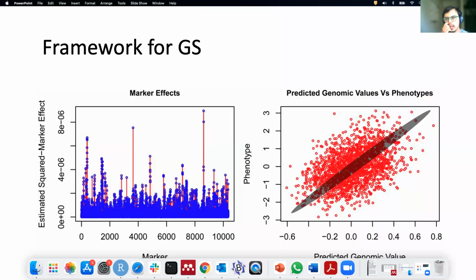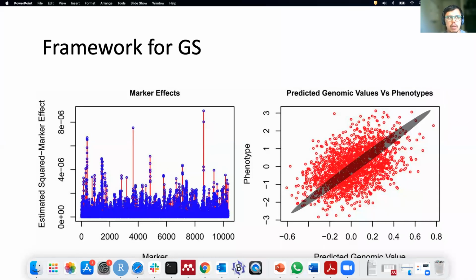So first we have the environmental effects, and the environmental effect in quantitative traits is important. For example, the heritability for yield is between 20-something percent and 40-something percent. So that means that most of the variation is because of the environment. And that variation is because of the environment, of course, but also because there are some problems with the phenotype.